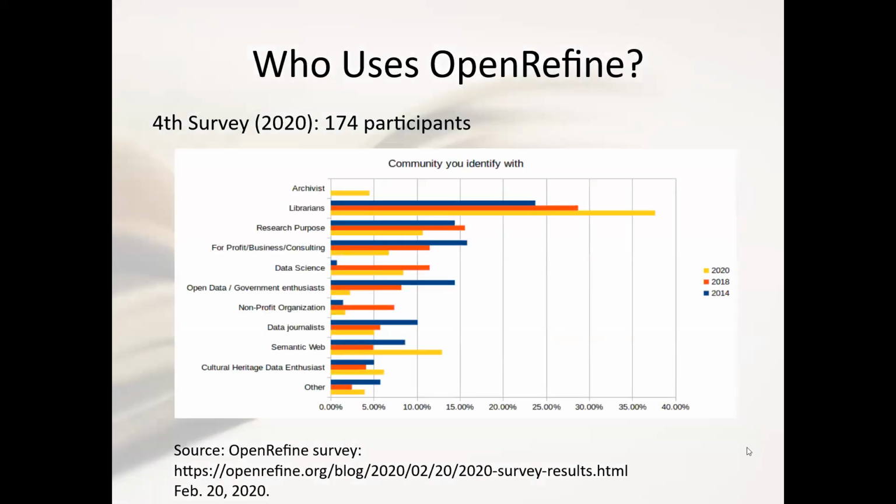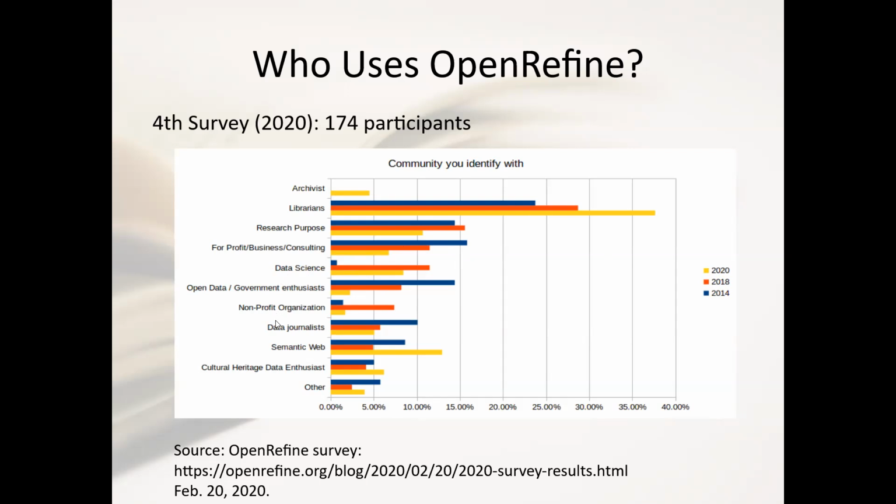Who uses OpenRefine? The OpenRefine website has surveys they've done the past few years, and the latest one was done in 2020. You can see that librarians, many of us, have really moved on to OpenRefine. Definitely appeal there. Archivists weren't even listed a few years back until 2020, so they're moving in that direction too. Other businesses and data science have fallen back a little bit.